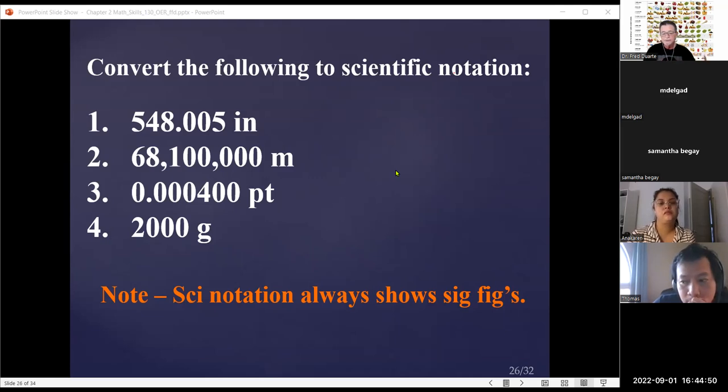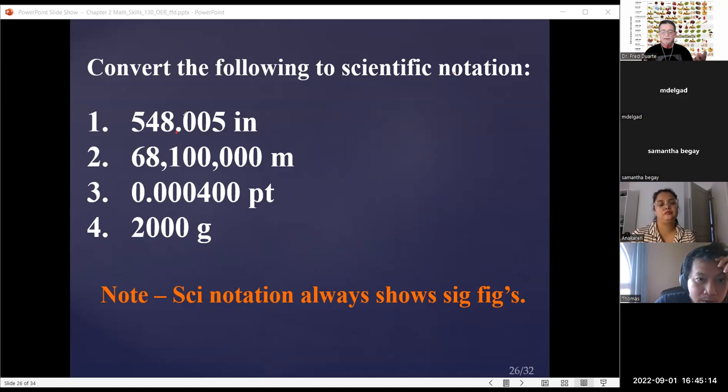So how many sig figs does number 1 have? 548.005. What do we got there? We got 6 exactly. So we're going to end up with 6 sig figs at the end, so we can't drop any numbers.